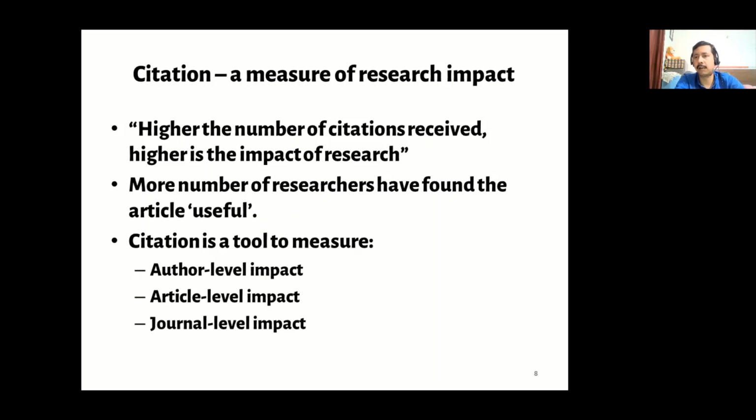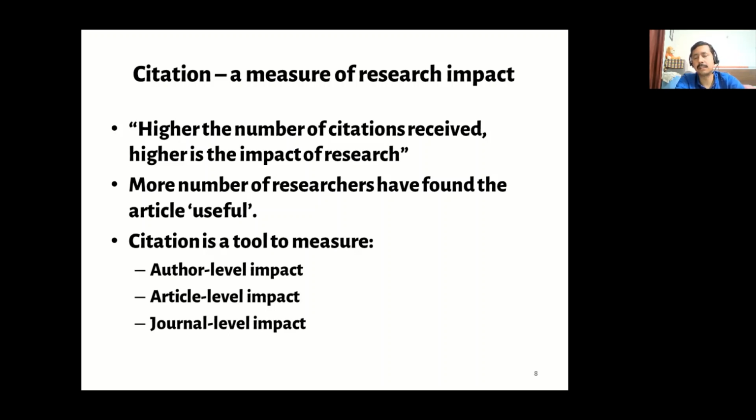One, at the level of authors, two, at the level of articles, three, at the level of journals. For instance, if you want to compare the performance or the impact of two or more authors, two or more articles, two or more journals, the number of citations received can be used as the basis.